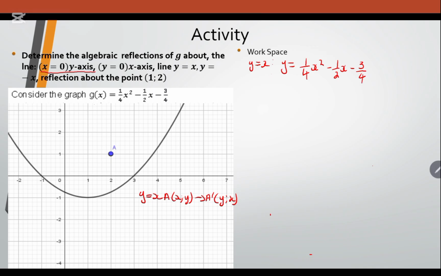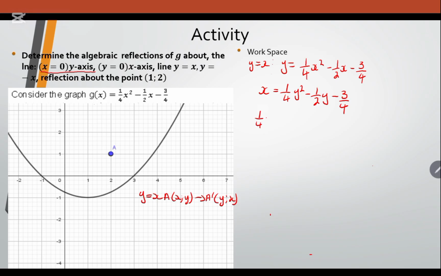Now, we do the reflection about the line y is equal to x. It becomes x is equal to 1 over 4 y squared minus 1 over 2 y minus 3 over 4. Now, we need to make y the subject of the equation. So from here, I can take the negative 3 over 4 to the other side.